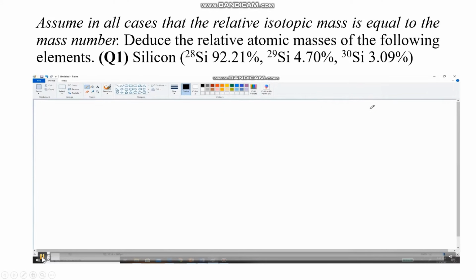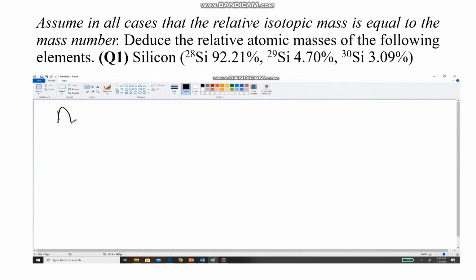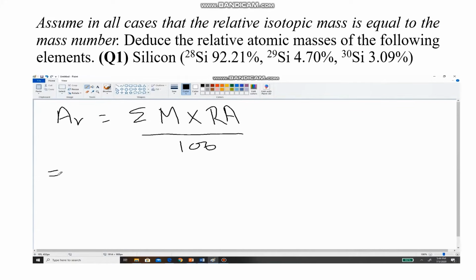So according to the formula, we can calculate Ar by sigma mass into relative abundance by 100. So in the question we have silicon 28. This is the mass number of silicon 28 into its relative abundance, which is 92.21.